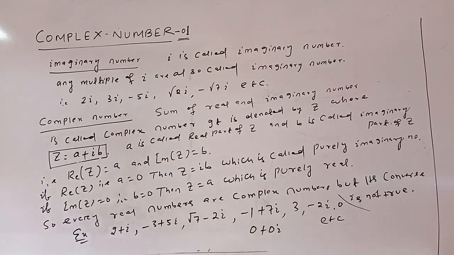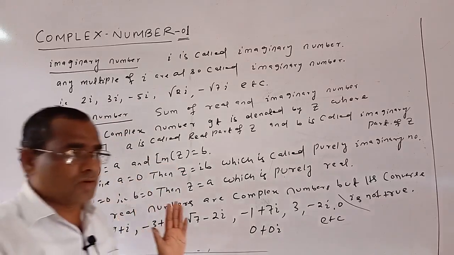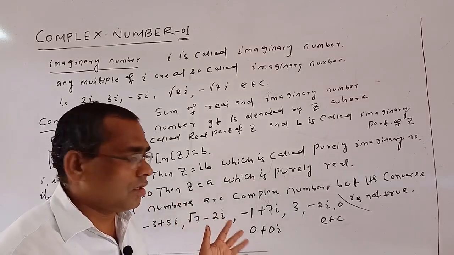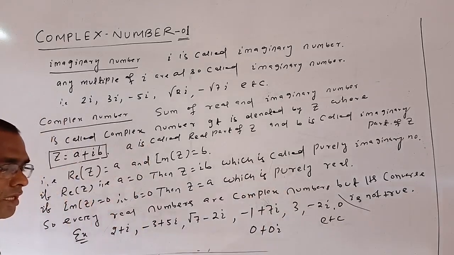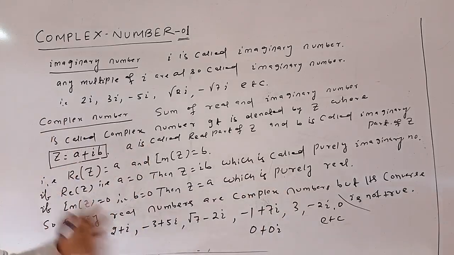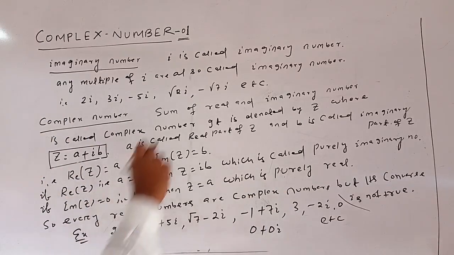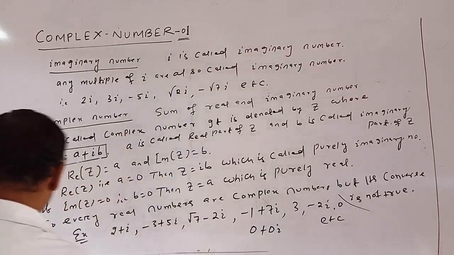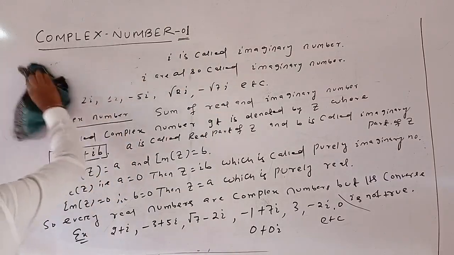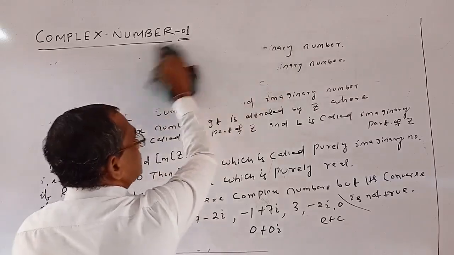And the set of all complex numbers, the set of all numbers z equal to a plus ib, that set is known as the set of complex numbers.